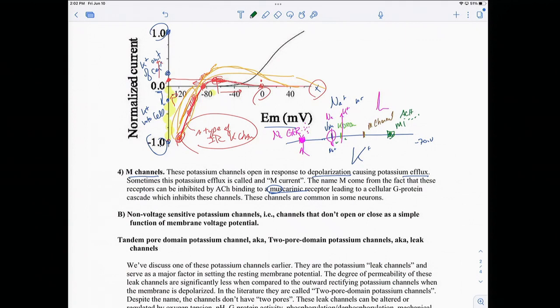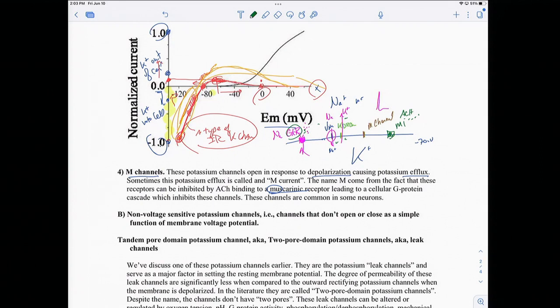So this is what's going to happen. These M channels are going to open up when you have a depolarization, and they stay open a really long time. So what would that mean for this particular neuronal excitable membrane? So some glutamate comes along, binds, then you have the opening of the voltage-sensitive sodium channels, you have the opening of the delayed rectifying potassium channels, and they're going to close.